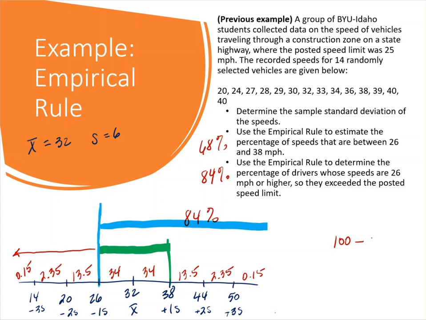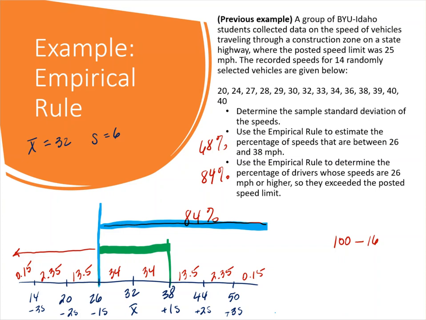So that would have to be 16%. So the 13.5, 2.35, and 0.15 would have to subtract from 100 to give me what was left over. Either way you see it, you either add everything up as we move in the direction above the question, or you could subtract and take what was left over to answer the question.